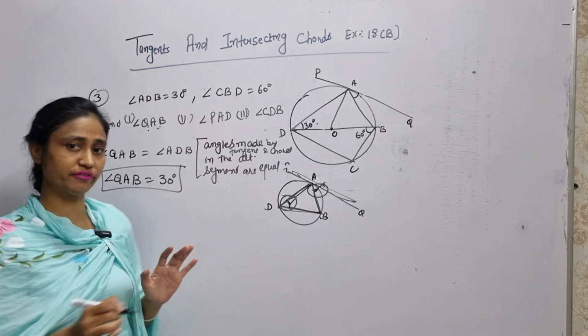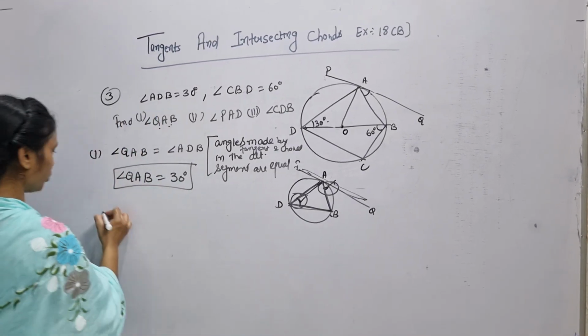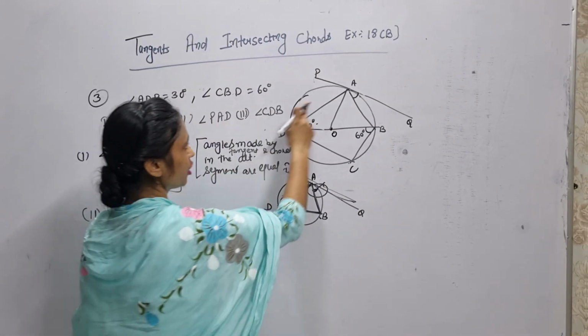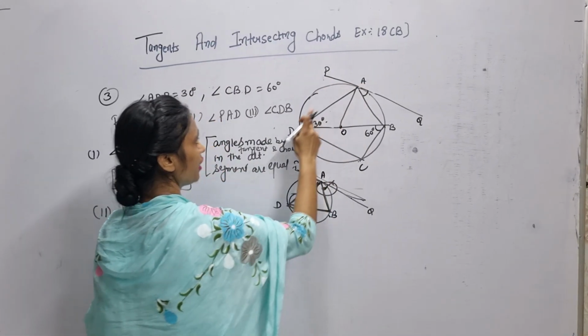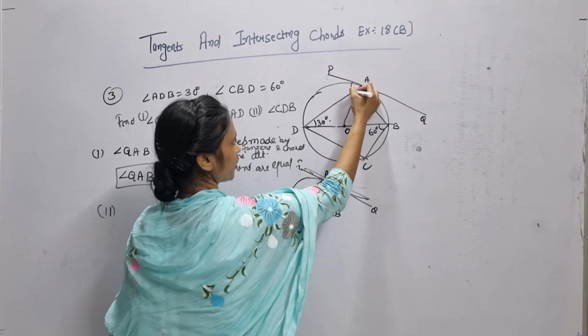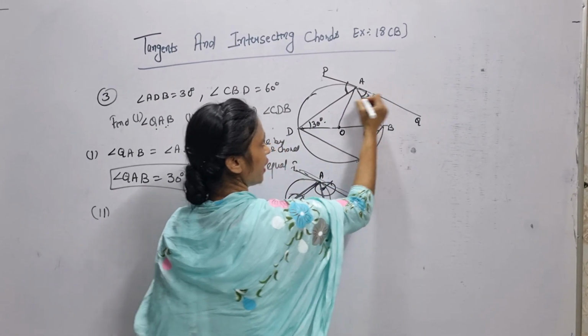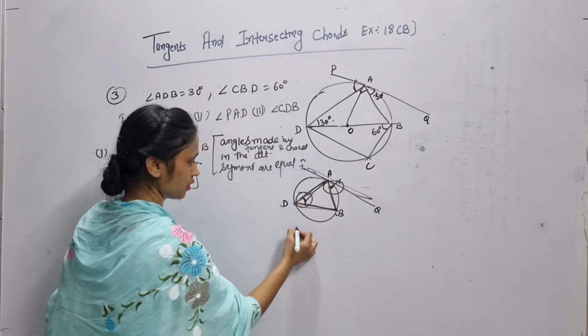So the first part we have calculated, and the second one you need to calculate is PAD. This much of angle you need to find. See, this is 30 degrees, and what would this angle be?